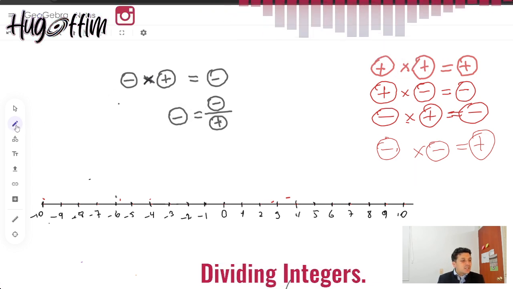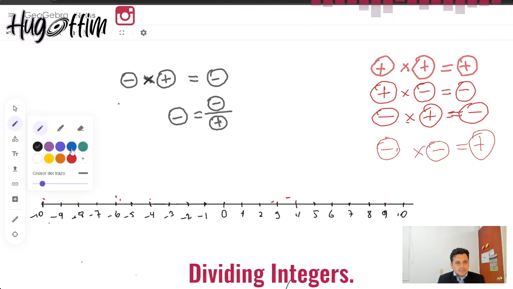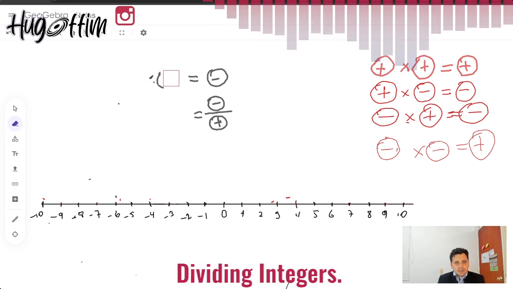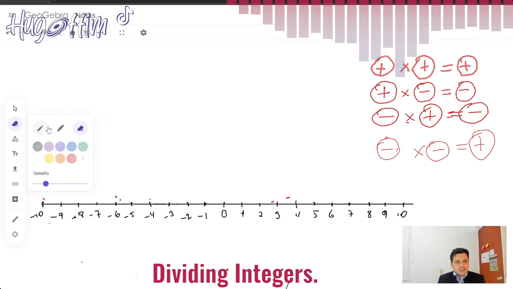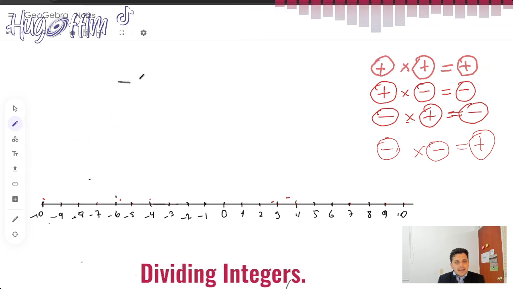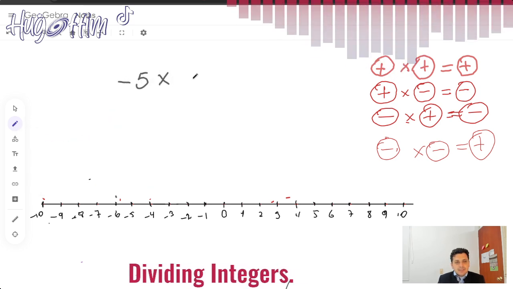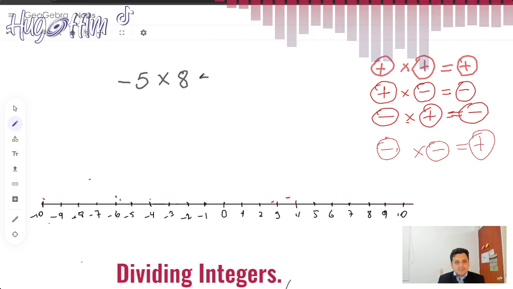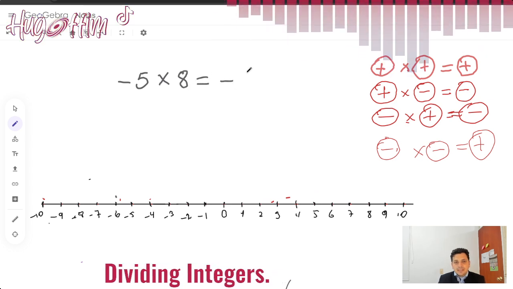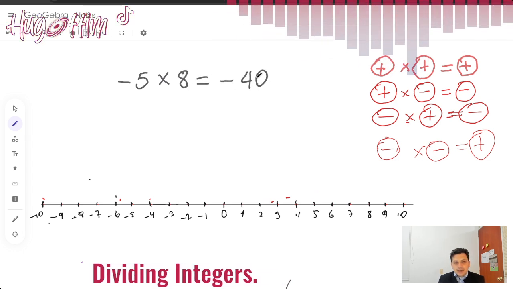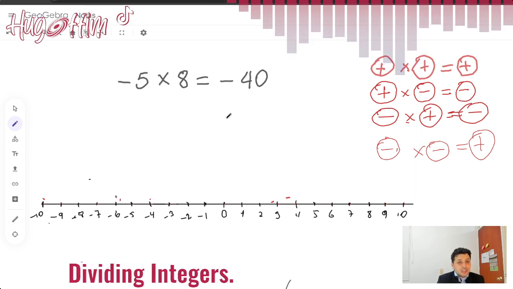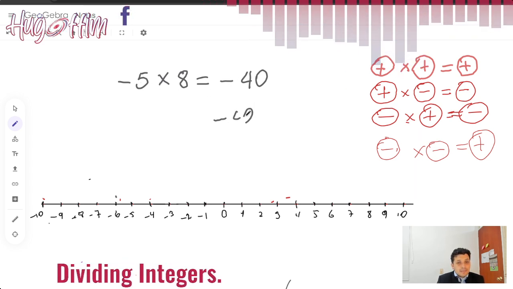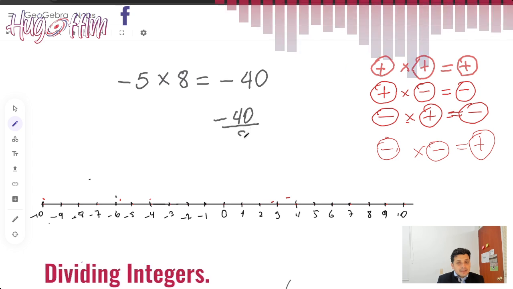Okay, let's see it with an example. Let's imagine that you have the multiplication negative 5 times positive 8. The answer is going to be a negative number. Positive times negative is negative 40, right? But now I'm going to perform the division negative 40 divided by 8.